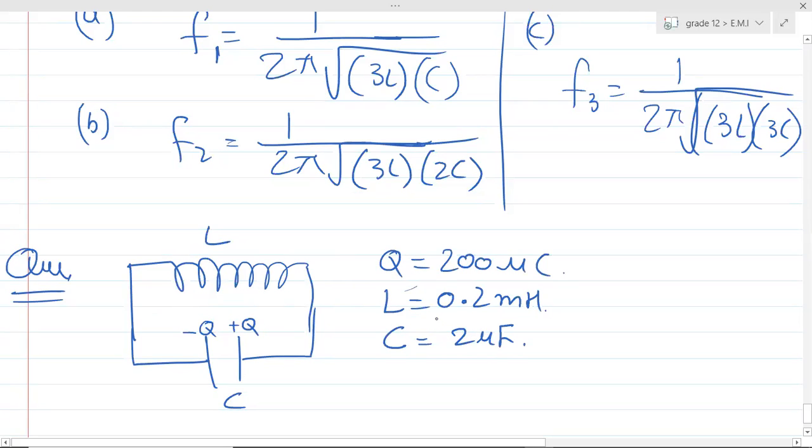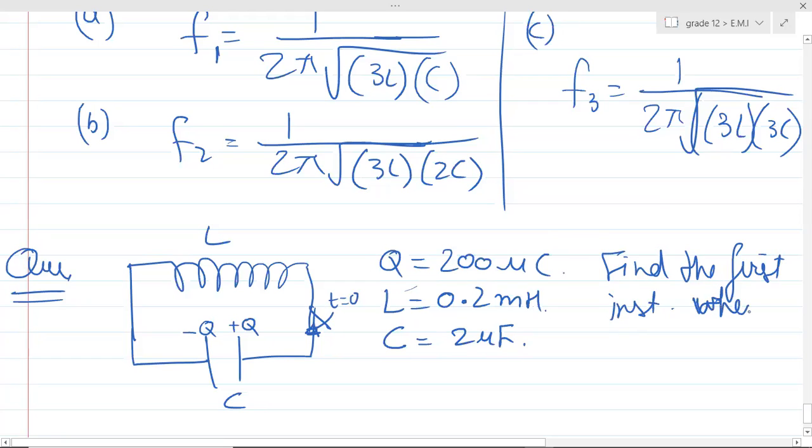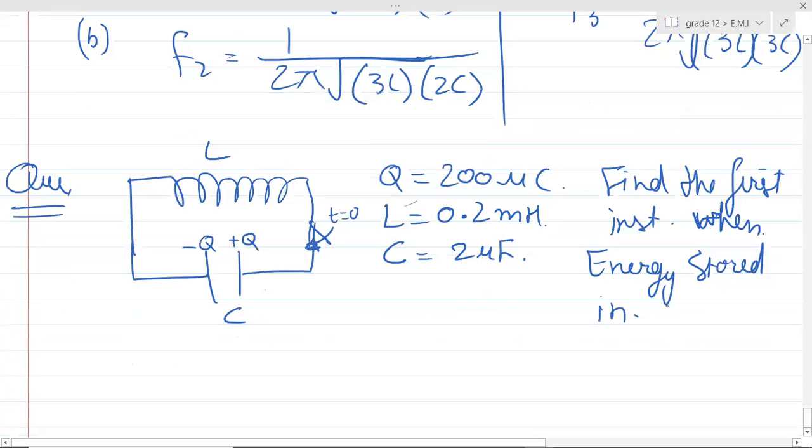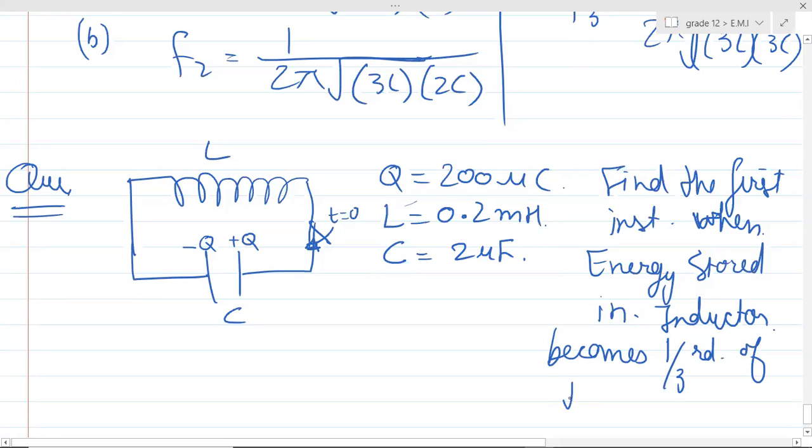Now the question is, if at t equals to 0 the switch was closed, then find the first instant when the energy stored in the inductor becomes 1/3 of that of the capacitor.